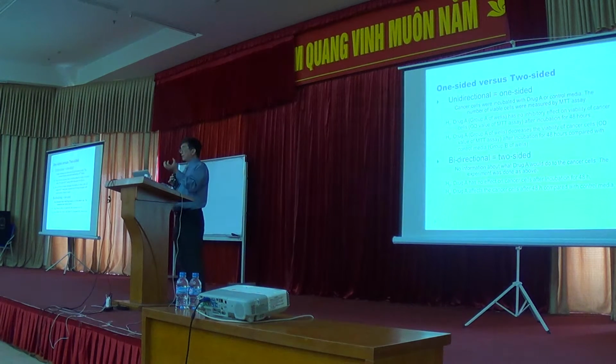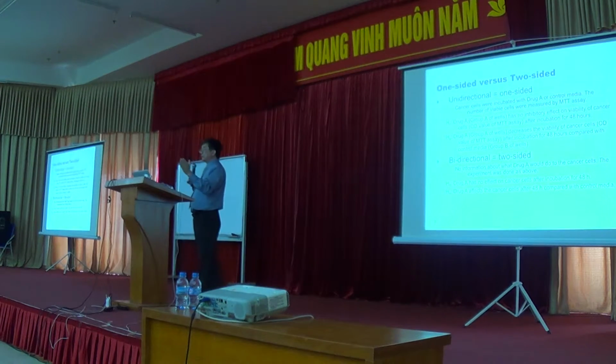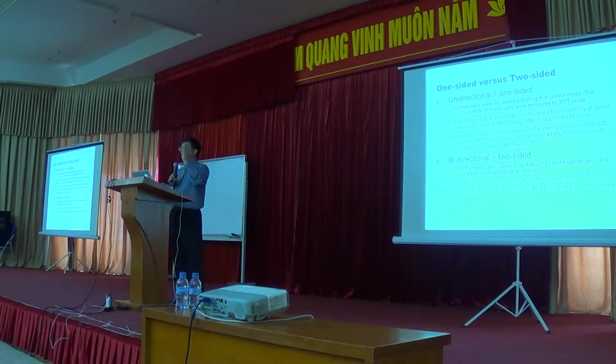would convert that dye and oxidize that dye into a compound that has a color that can be measured by absorbance. Okay, so the absorbance measurement of the MTT assay would tell you how many cells are alive.